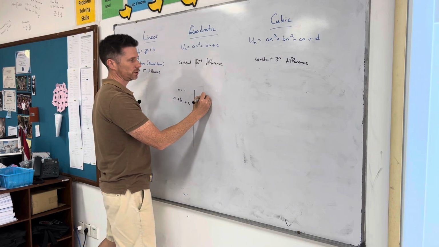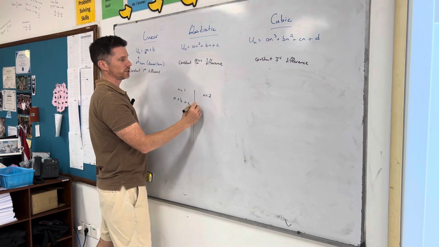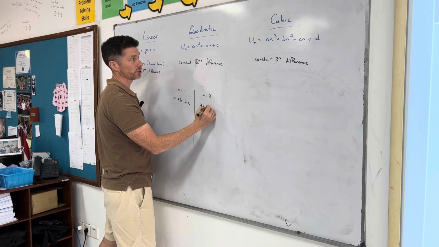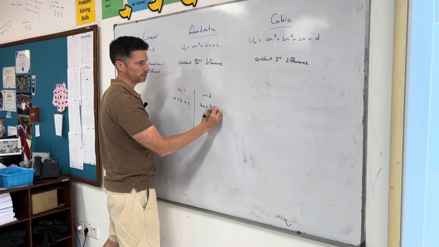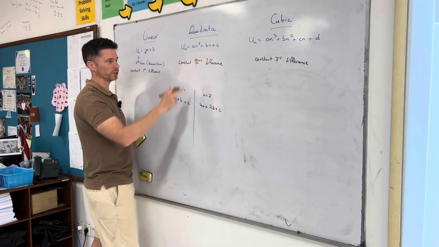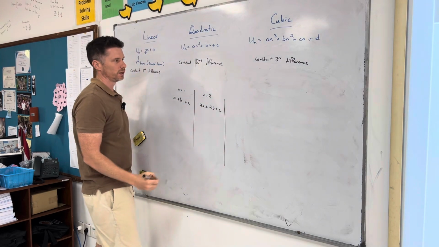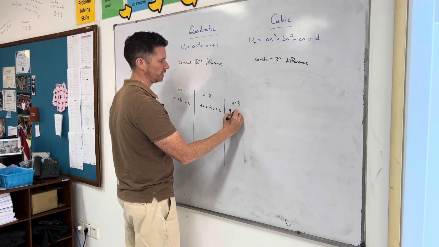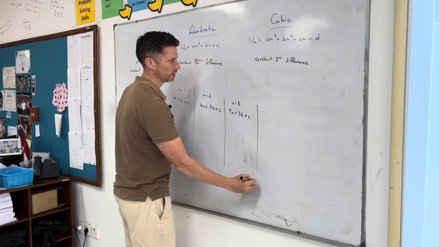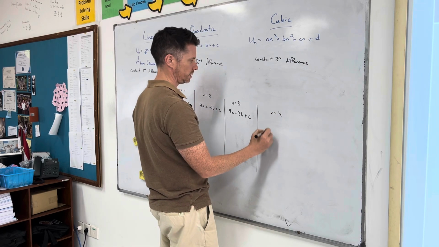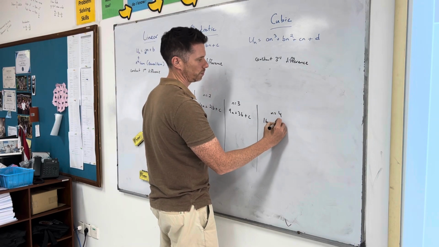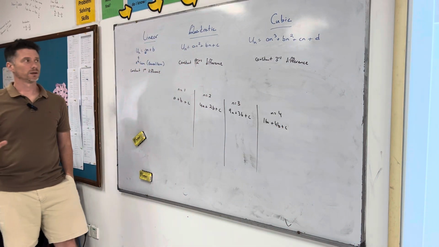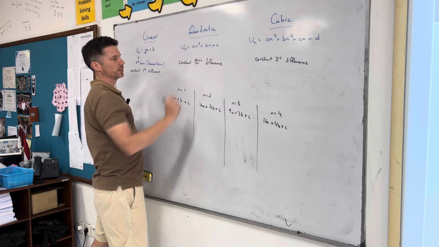When n is 2, it was 4a plus 2b plus c. Now we're replacing the n with 1 and 2 here in the quadratic. When n was 3, 9a plus 3b plus c. And when n is 4, we had 16a plus 4b plus c. So this is how all quadratic sequences work. This fits all quadratic sequences.